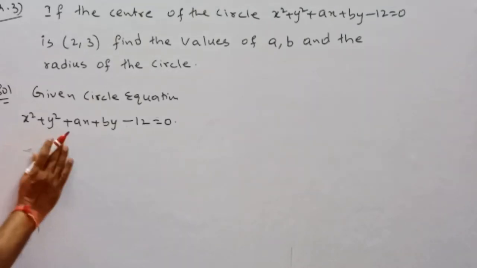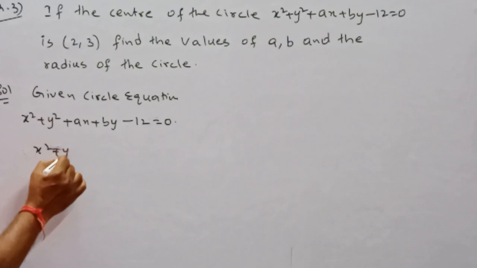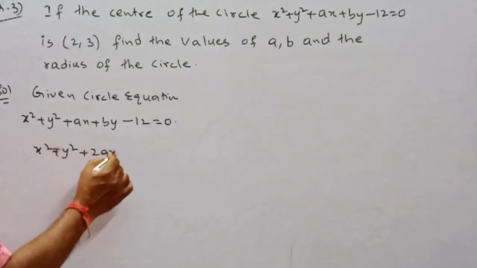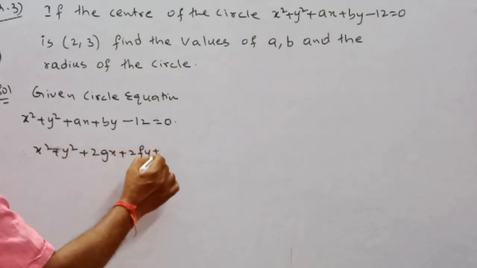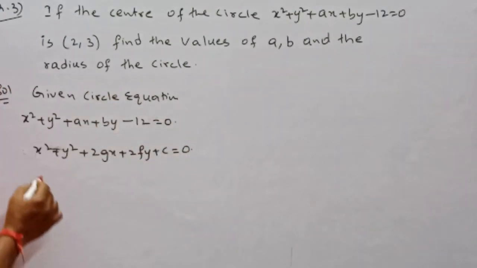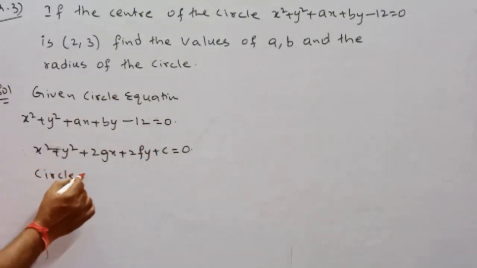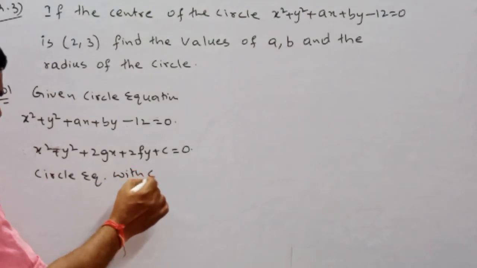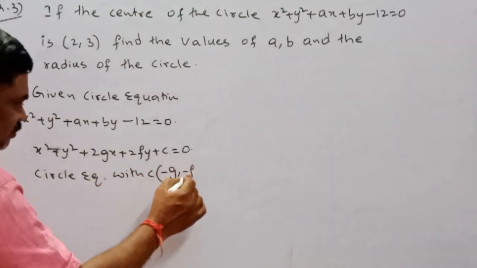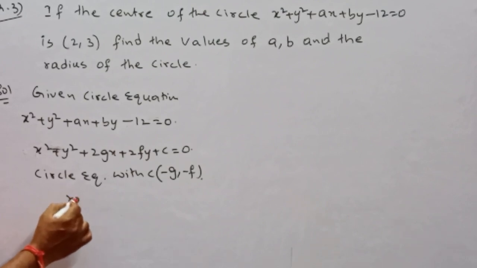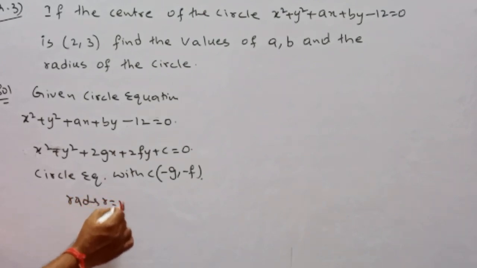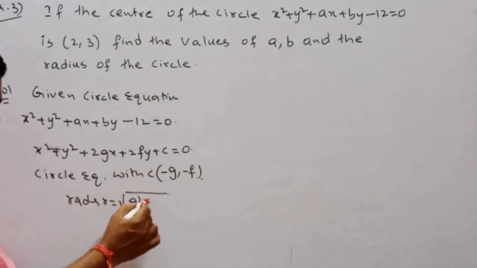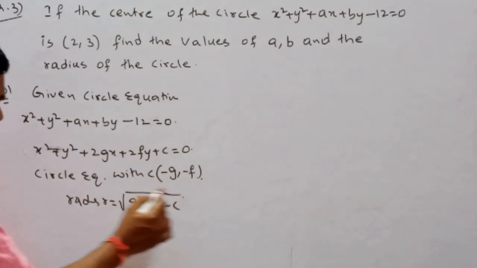Generally, the circle equation is x square plus y square plus 2gx plus 2fy plus c equal to 0, with center minus g comma minus f and radius r equal to root over g square plus f square minus c.